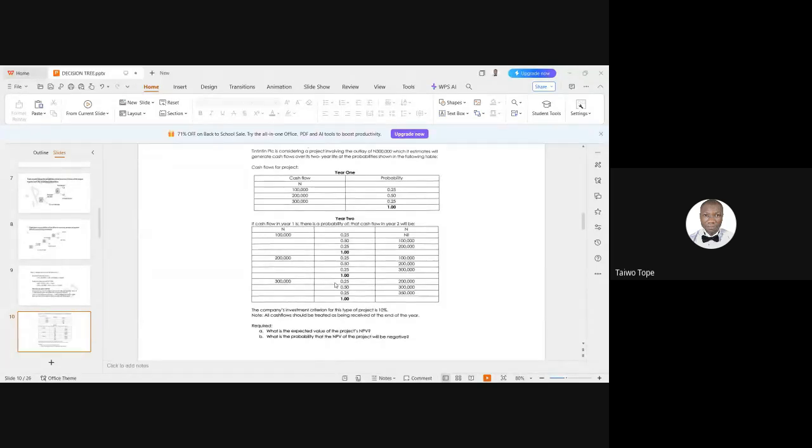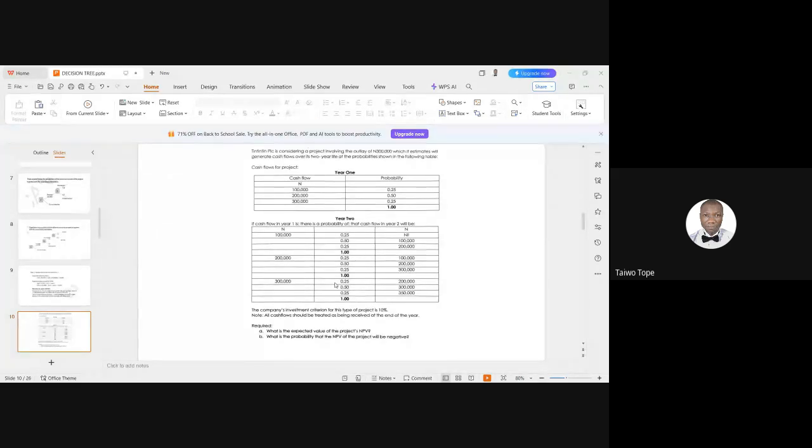Now, in year one, if you have an inflow of 100,000, there is likely to be an extension from year one to year two.